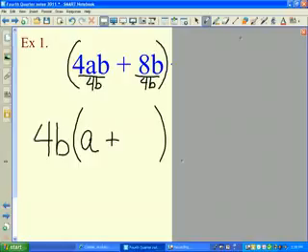Bring down my plus sign. Then 8 divided by 4 will give me 2, and b divided by b will give me 1. So the factor of this 4ab plus 8b is going to be 4b times a plus 2.